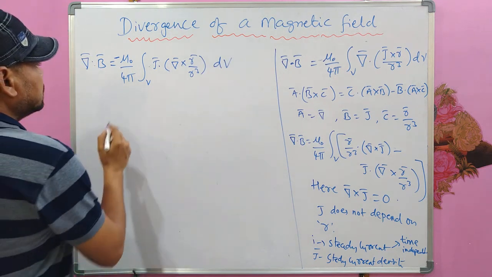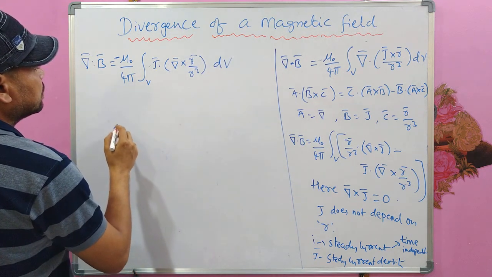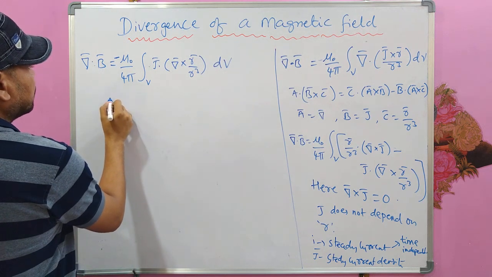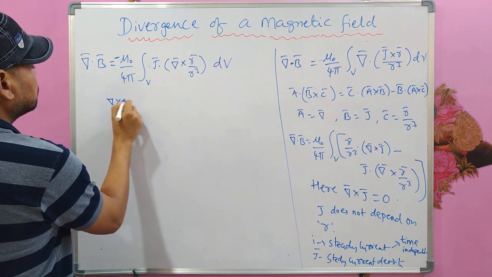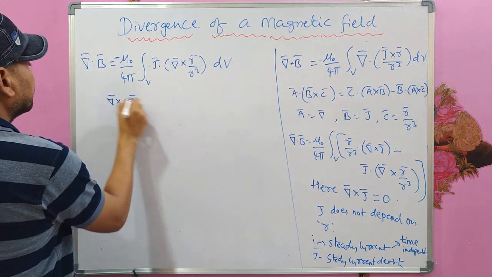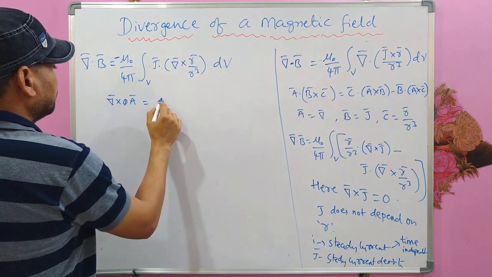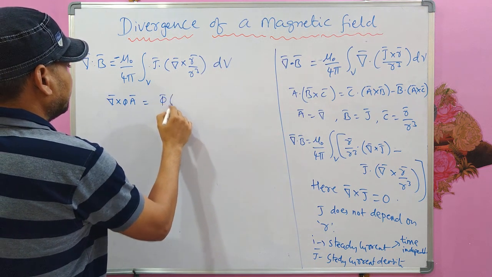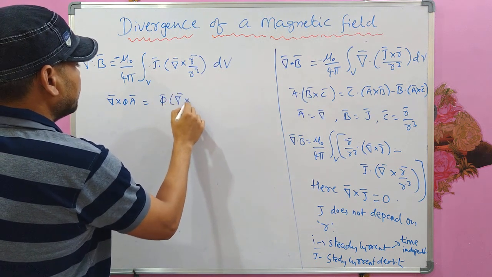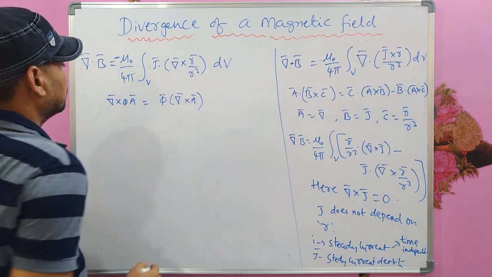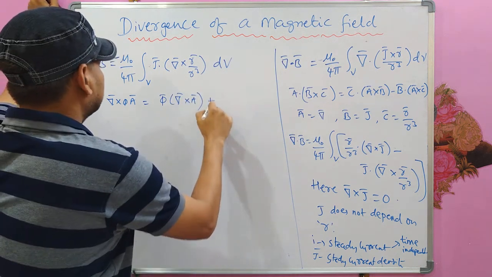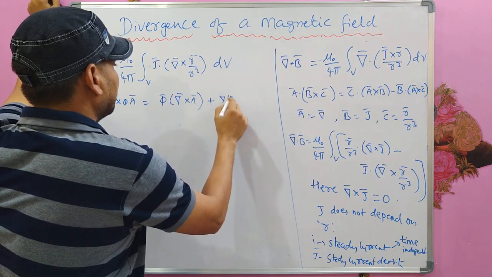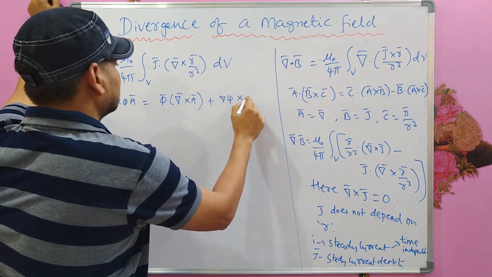This is looking like del cross pi A equal to pi del cross A plus del pi cross A.